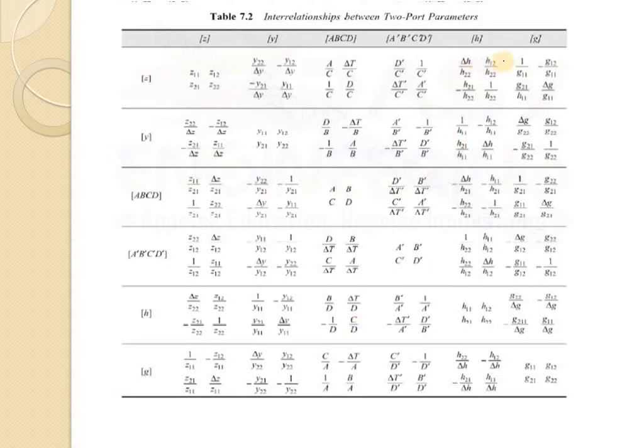This is for H parameter and Z parameter, H parameter with Y parameter, H parameter with ABCD parameter. These two I am ignoring, because these two are not included in the syllabus.